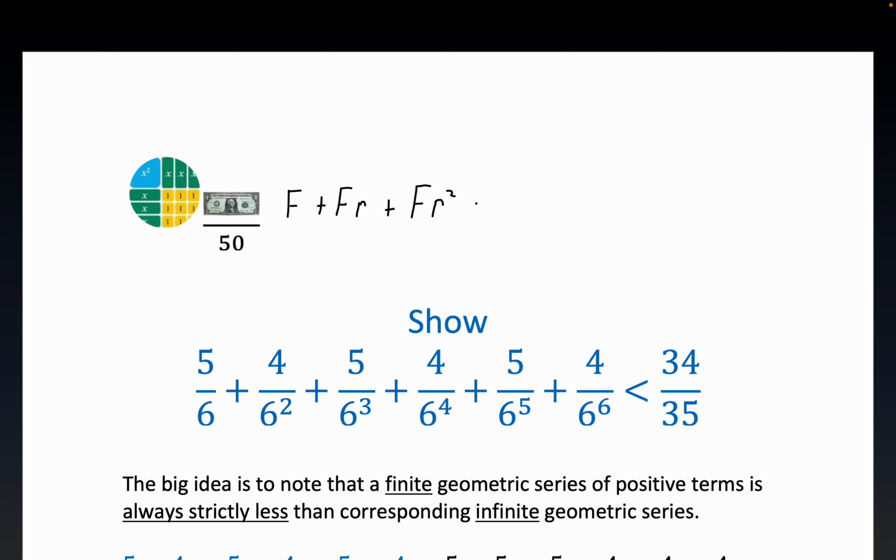Again, you get from one term to the other by just multiplying by r. Then let's put the customary ellipsis.